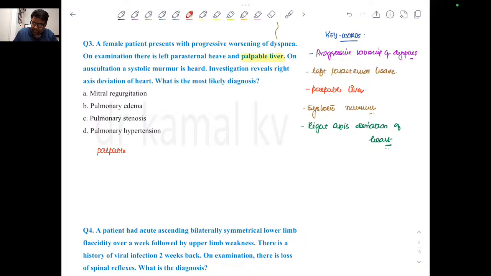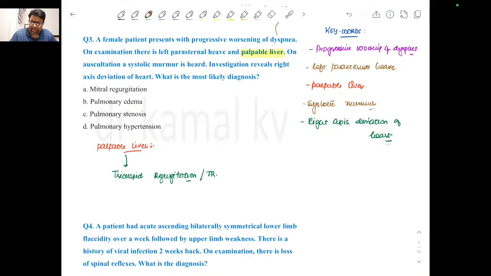Palpable liver, or sometimes it is called pulsatile liver, is classically in terms of valvular lesions related to tricuspid regurgitation, right? So TR. Now you will say, sir, there is no TR in the options, so what should we do? Okay, no problem.